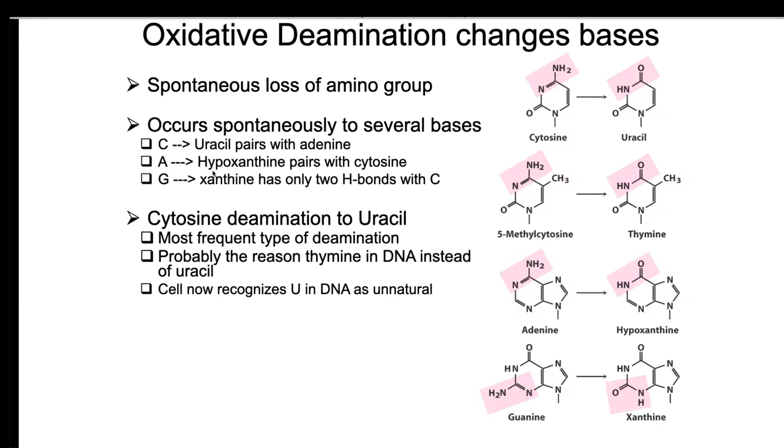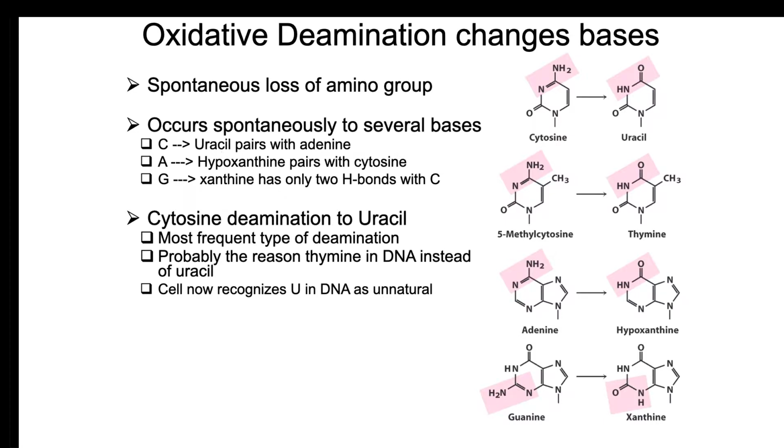Well, hypoxanthine is not a normal base, so boom, that can be fixed. That can be recognized. Xanthine, not a normal base. That can be recognized and fixed. But look at this. C to a uracil. Well, right, uracil is a normal base in RNA.